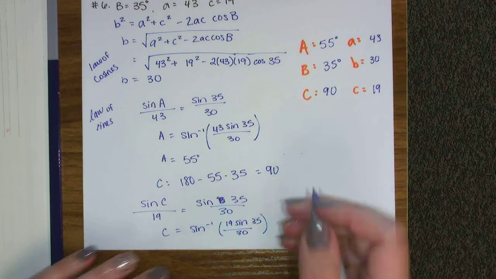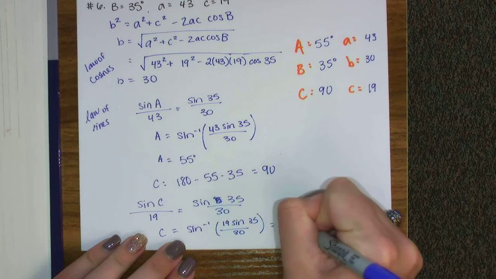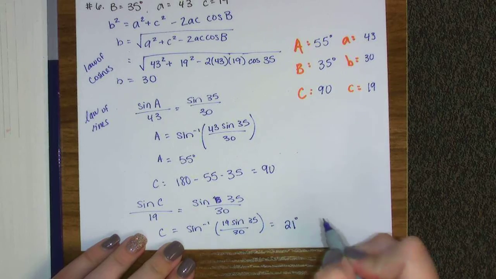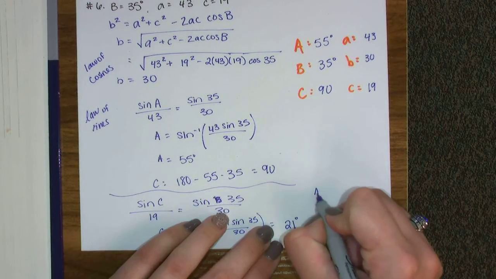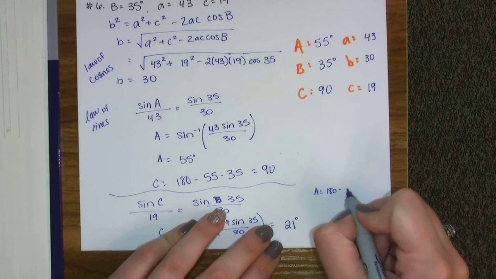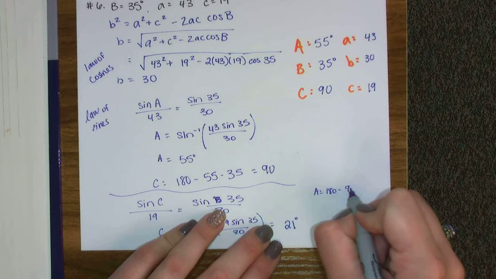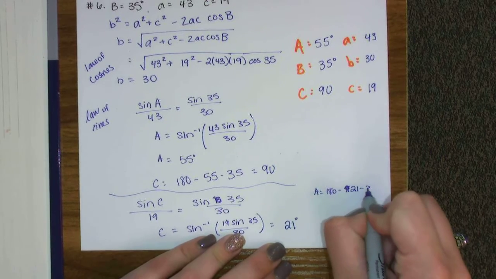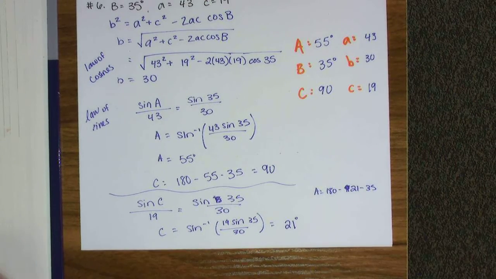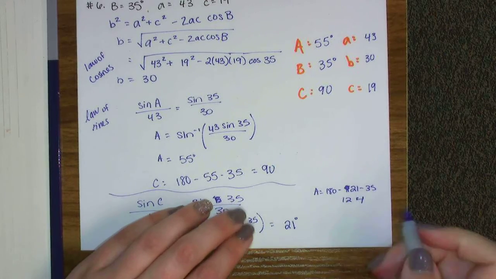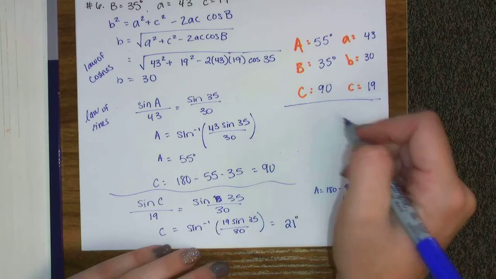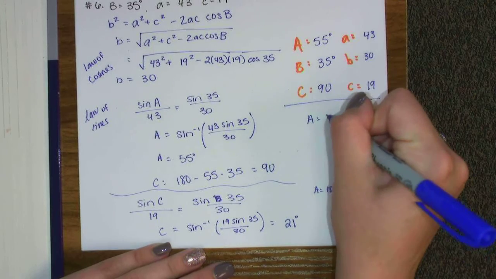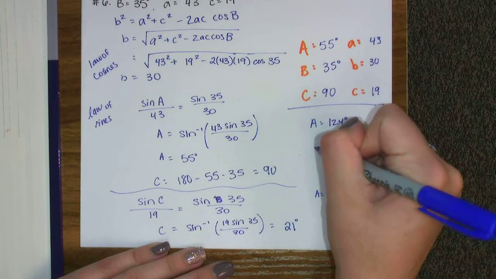Okay, so it does make a difference, because this gives you 21 degrees if you do it this way, meaning then that A is 180 minus 21 minus 35, which is 124 degrees. So in this case, we would have A is 124 and C is 21.